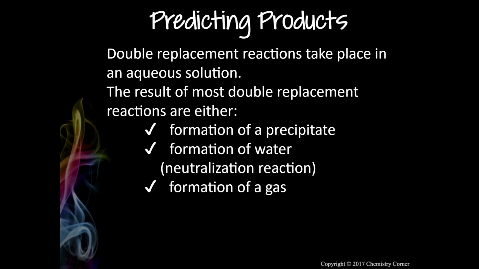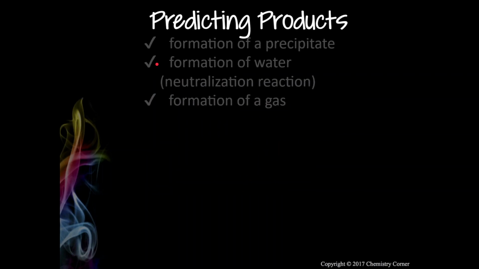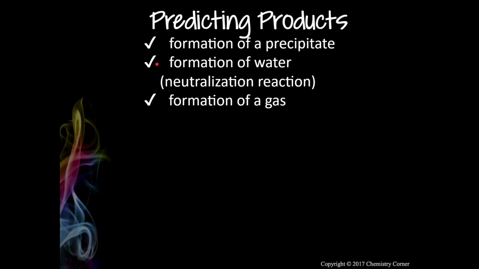If both products remain soluble in water, we are not going to consider that a double replacement. We're just going to say that everything sits in the water and stays there, because it won't actually form new compounds. All the ions will just sit together in the water. And so we would say that was non-reaction, or no reaction, or non-reactive.